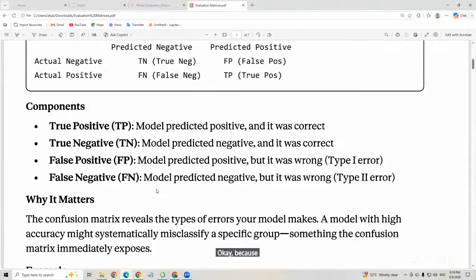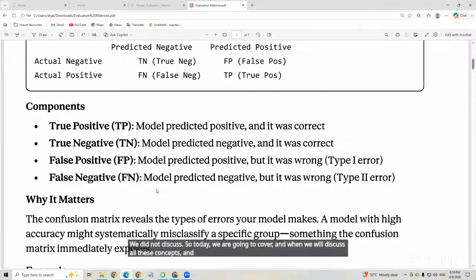Because you are only at the very beginning stage, and the tests which we are required to implement, we did not discuss. So today we are going to cover them, and when we discuss all these concepts, you should spend some time to understand all the parameters.